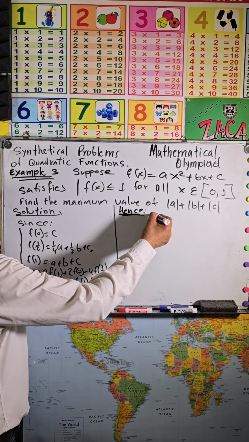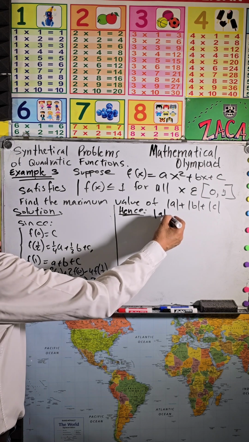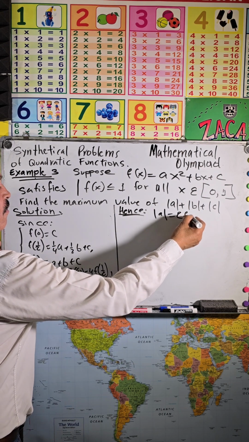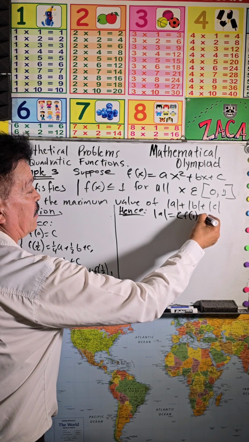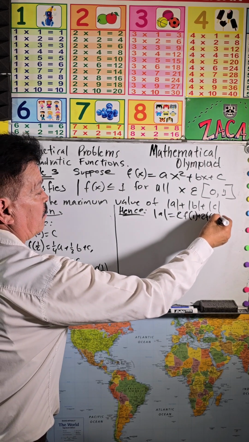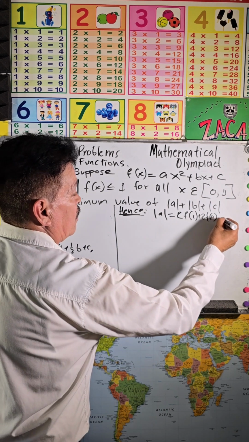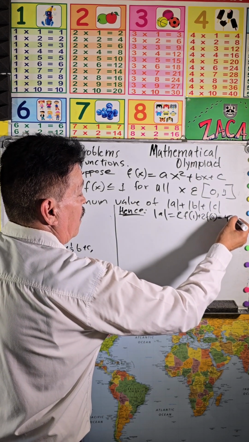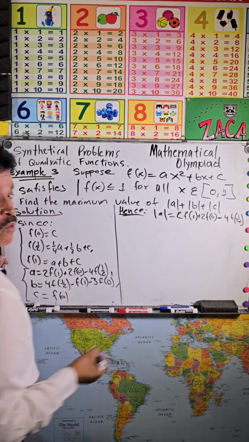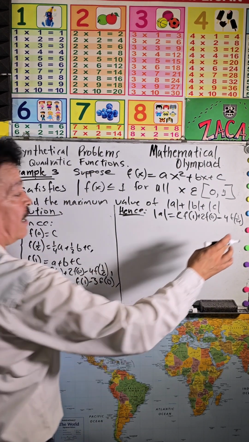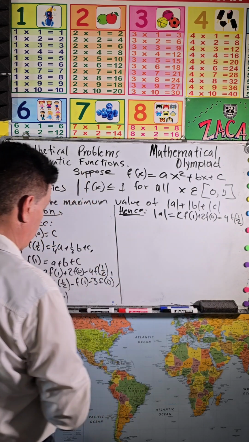So the absolute value of a equals 2f of 1 plus 2f of 0 minus 4f of 1 half. Yeah, we're talking about what is right here.